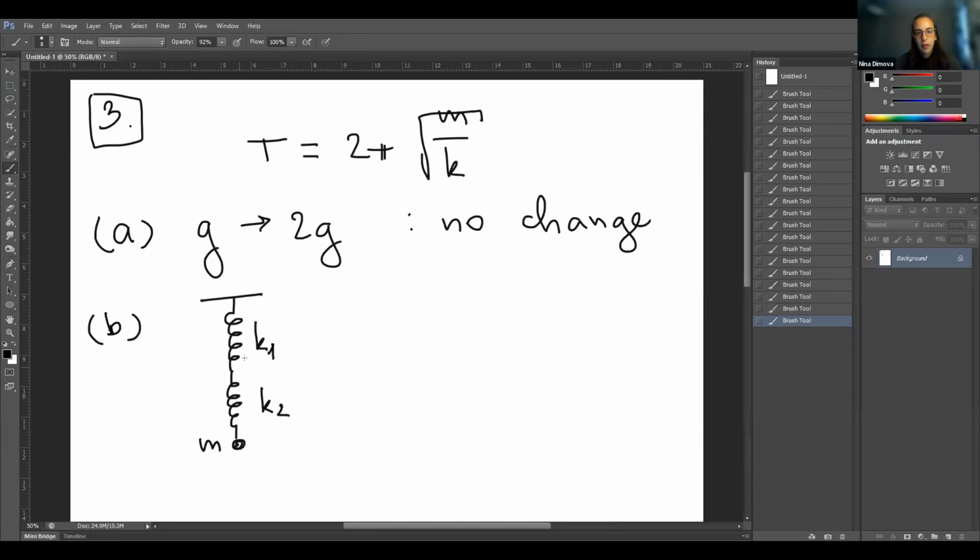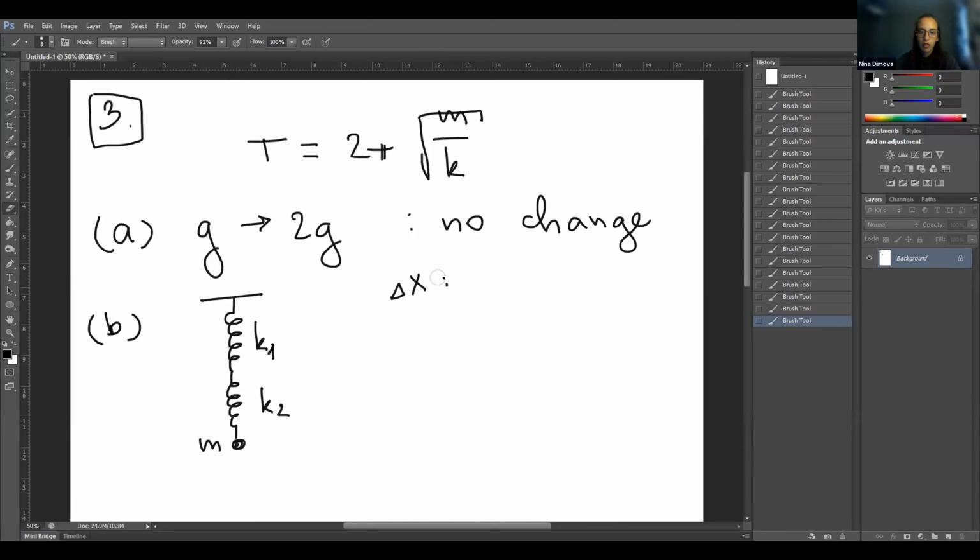So how do we deal with this? We know that the connection between M and K is through the force, right? We know that if you extend a spring by amount delta X, you'll get a returning force, which is equal to the coefficient of that spring times the extension, right?